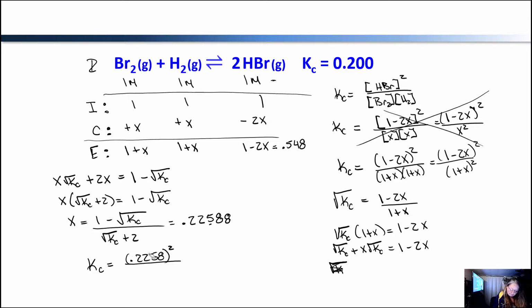Let's erase that. Yep. So my HBr is the 0.548 squared.